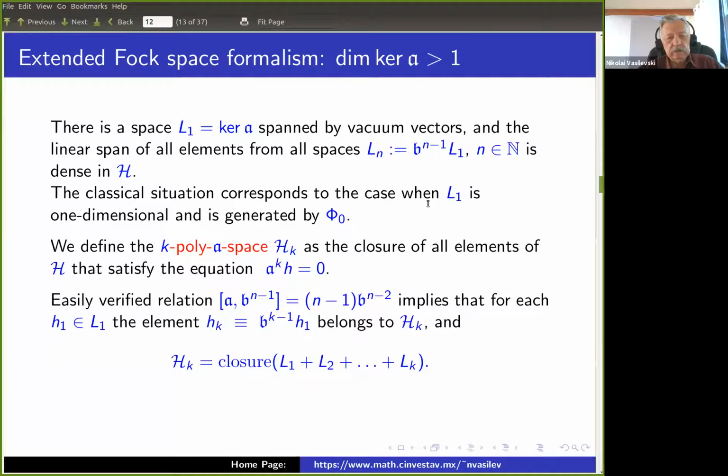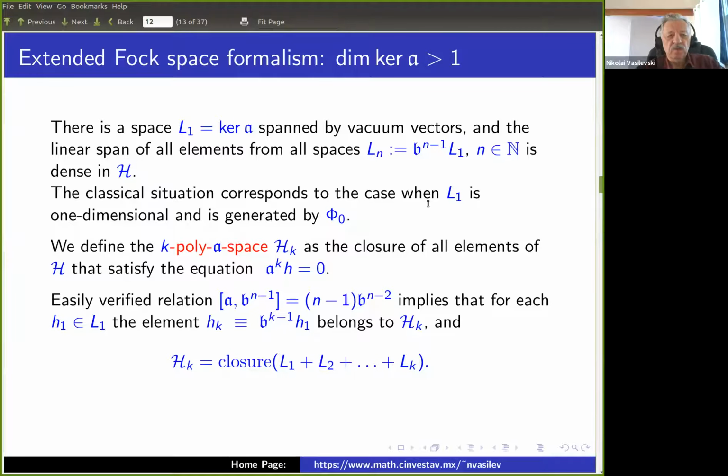But again A and B commute up to identity, and now we assume that the linear span of all powers of operator B applied to the kernel of operator A is dense in H. The classical case corresponds to the case when L1 is just one-dimensional and is generated by the vacuum vector.